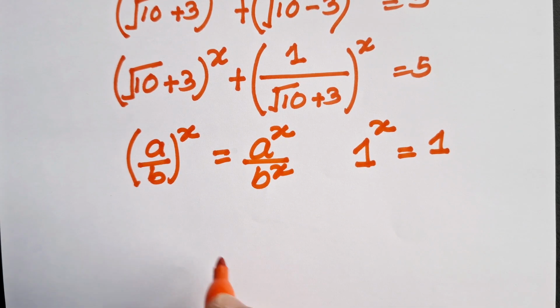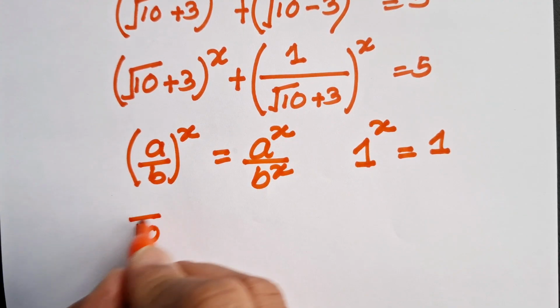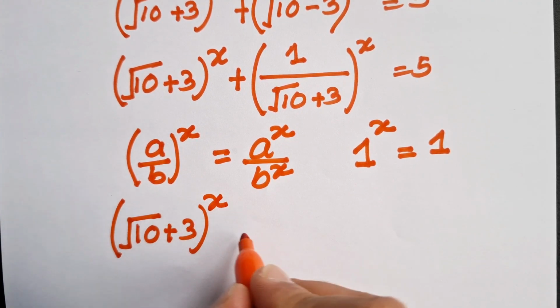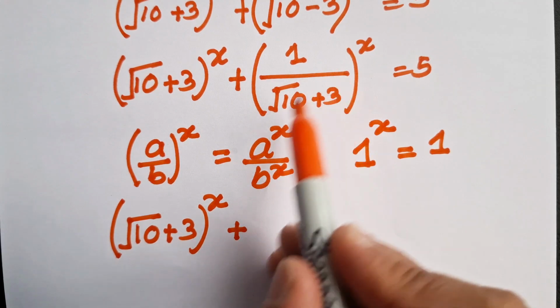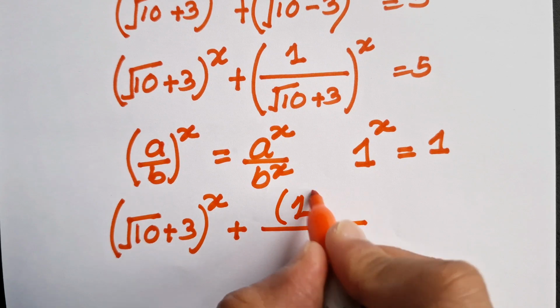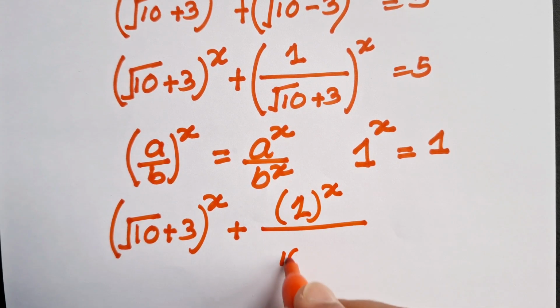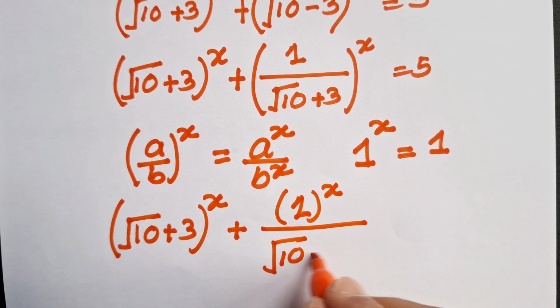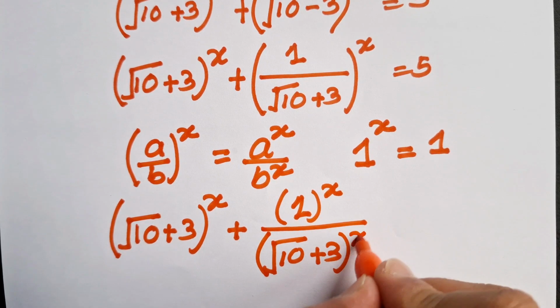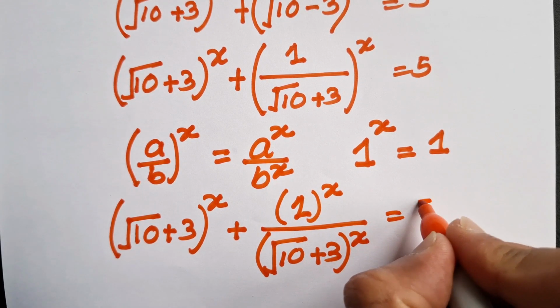Therefore, in the next step, I will have (square root of 10 plus 3) to the power of x plus 1 to the power of x divided by (square root of 10 plus 3) to the power of x is equal to 5.